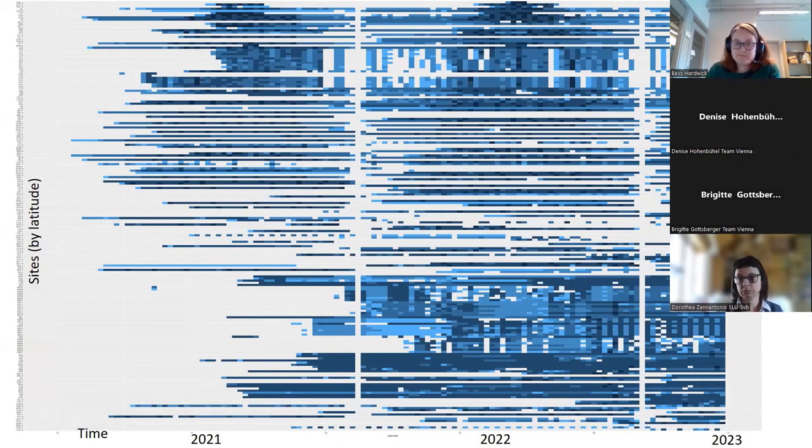On the y-axis, we have all the sites, sorted by latitude, with the north at the top and the south at the bottom. The intensity of the color tells you how many sampling methods were active in that particular week. The darkest squares are where soil sampling was done as well.